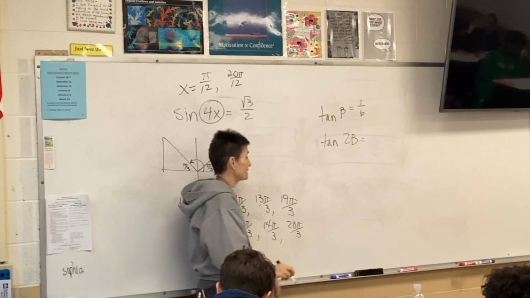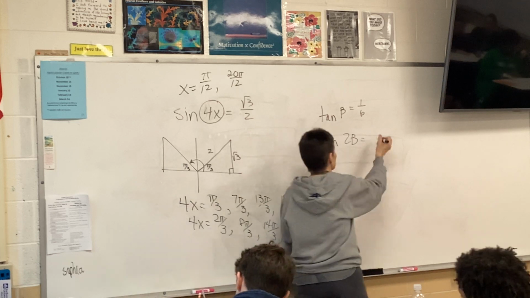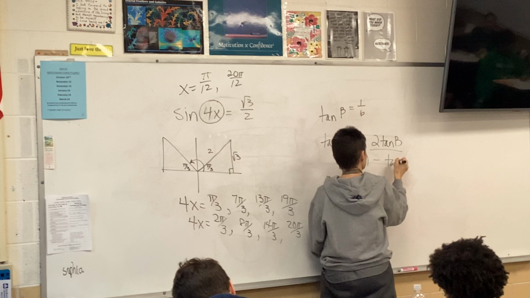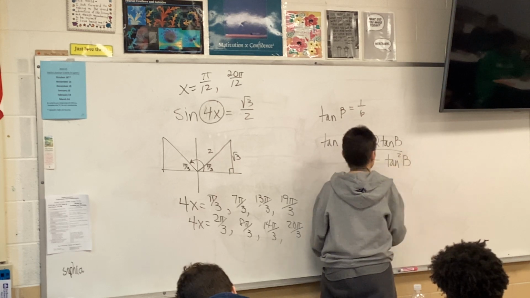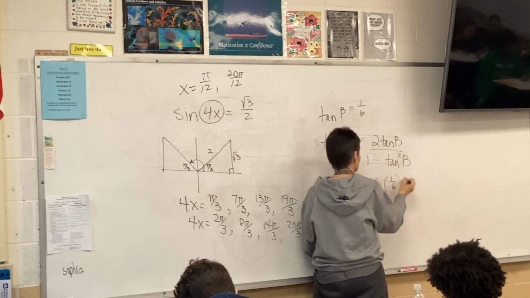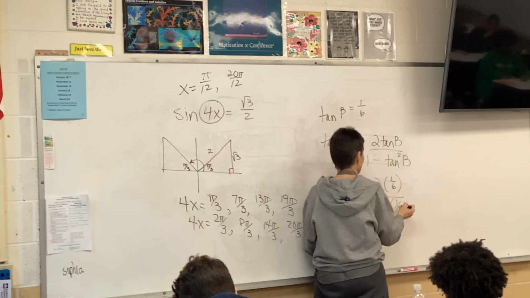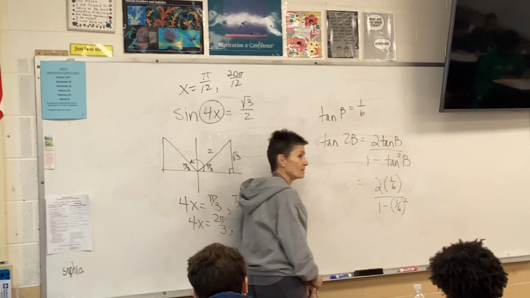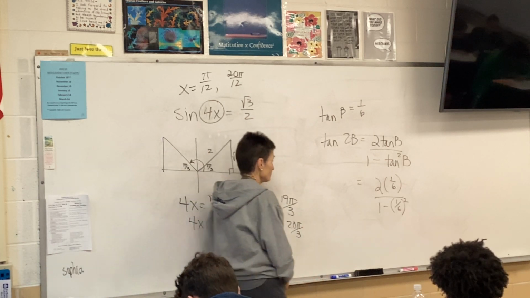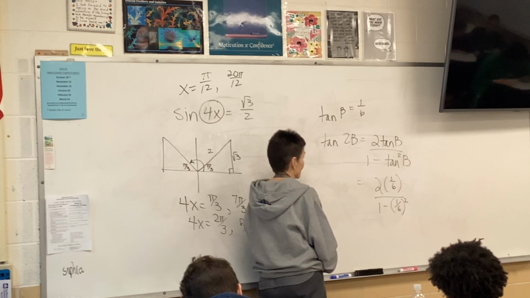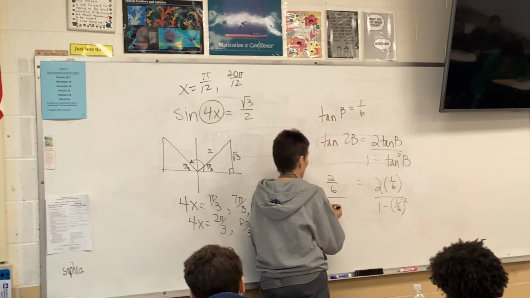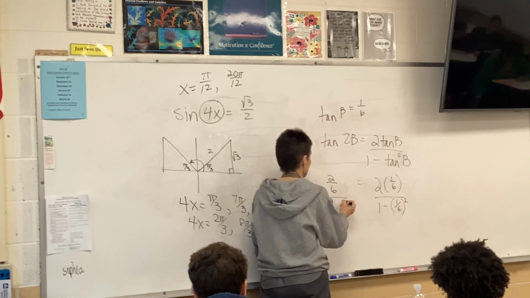What's our formula for tan 2B? 2 tan B over 1 minus tan squared B. All right, so 2 times a 6th over 1 minus a 6th squared. Everybody okay with that? Just plugging and chugging? Two 6ths over 1 minus 1/36.